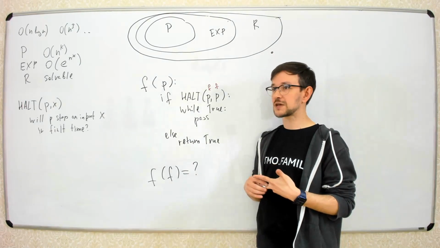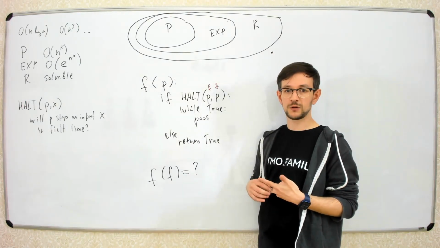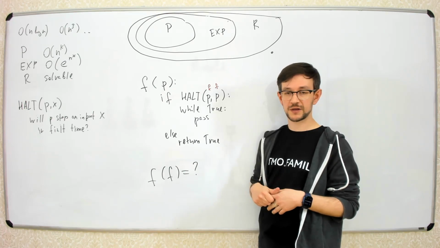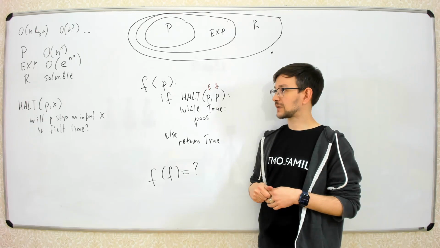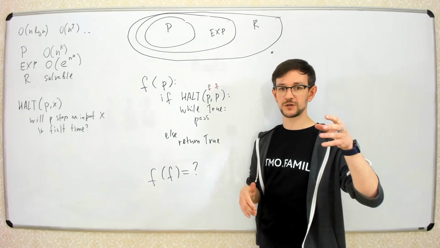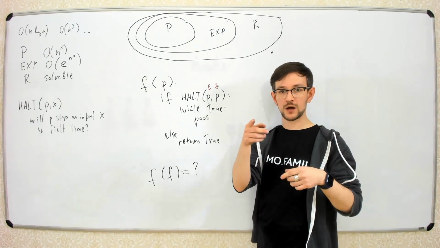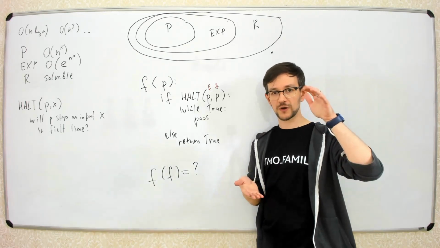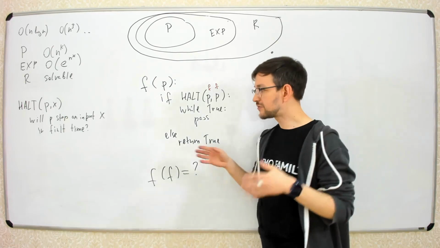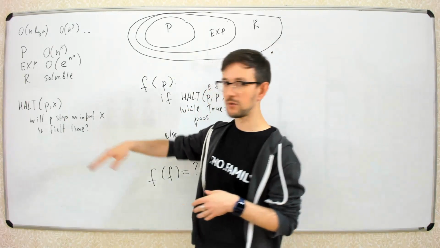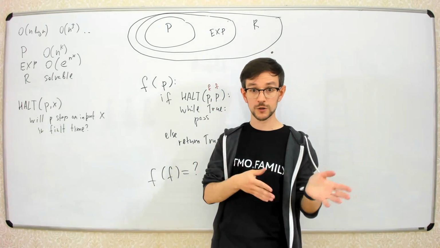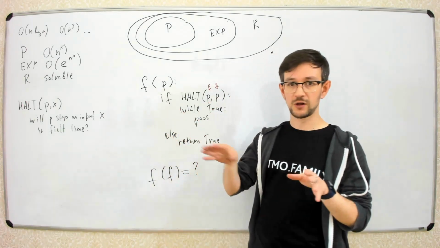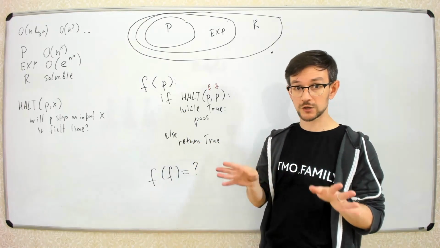If you try to build something like a code analyzer, for example in some IDE like IDEA or CLion, and you want to show the user that the program has a bug here, it's an unsolvable problem, because every analysis of the code is unsolvable. Even this simple problem, just trying to find out if your program stops or not, is unsolvable. It means that all non-trivial properties of your program are actually unsolvable.